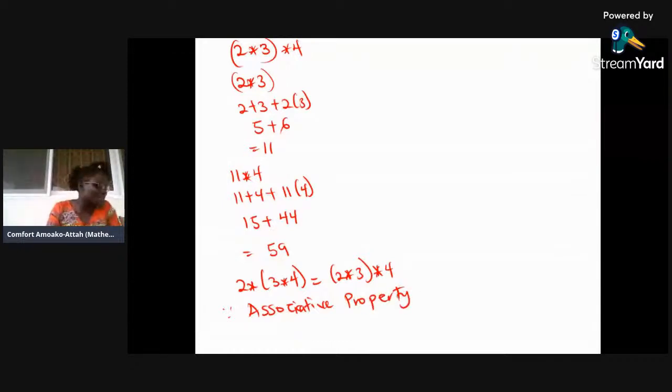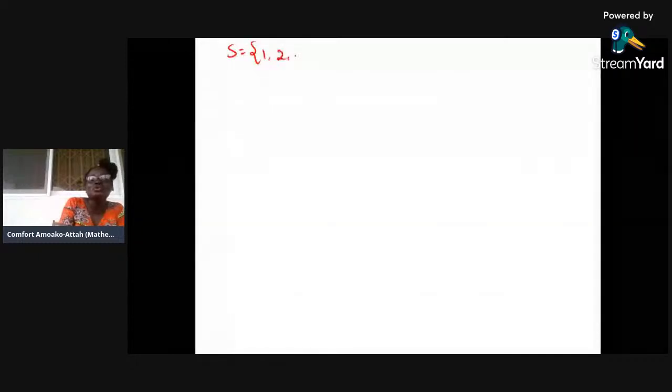Okay, so since we are done, the next question, the D part. The D part is saying we should form a table with some set of numbers, and they've given us the numbers to be 1, 2, 3, and 4.